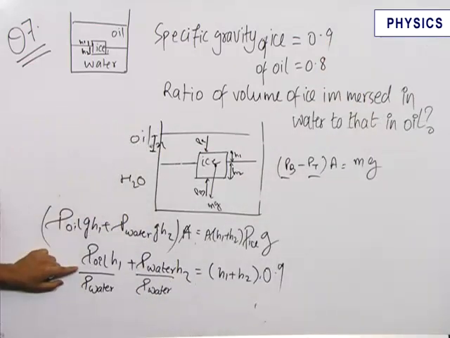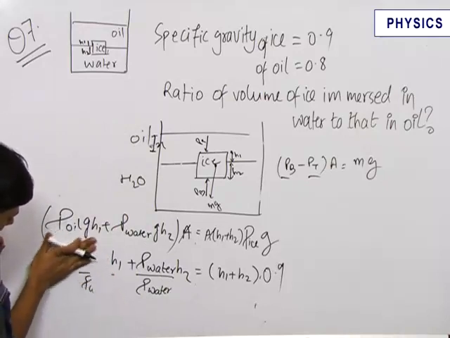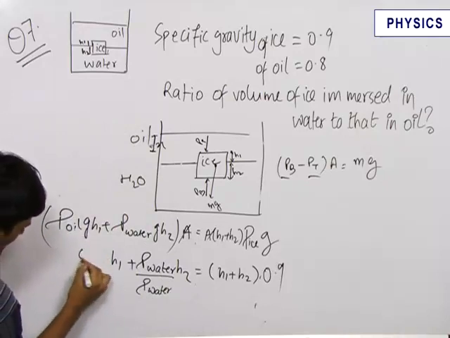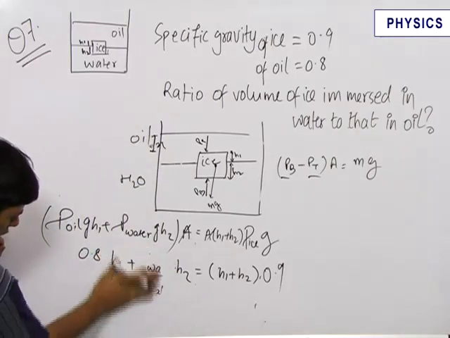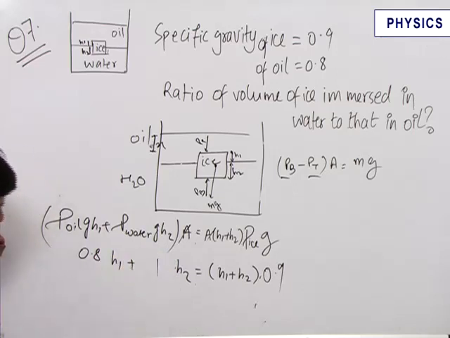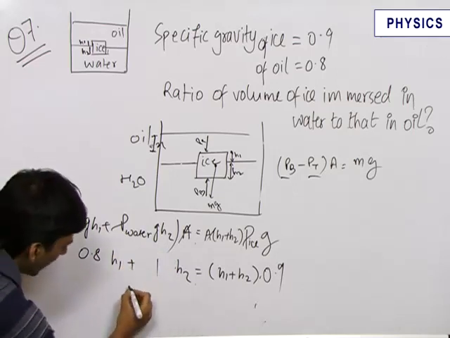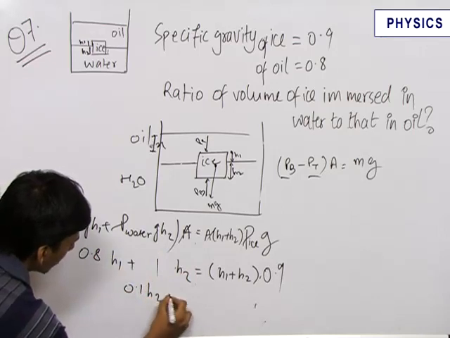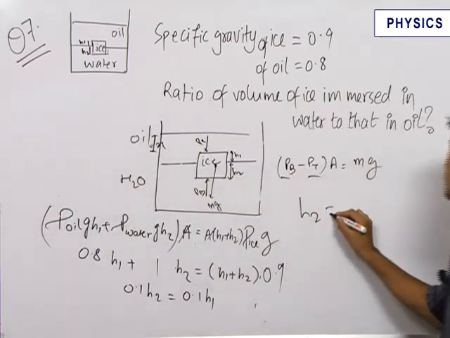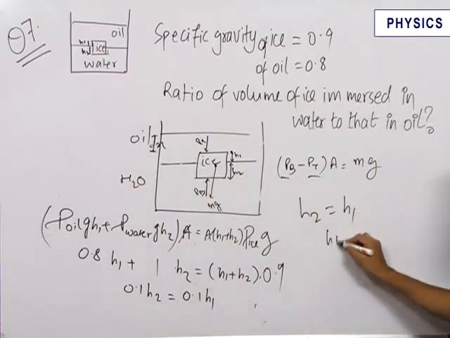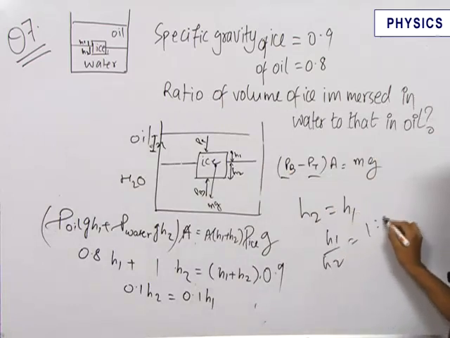Rho of oil upon rho of water is the specific gravity of oil, given to be 0.8, so we write this as 0.8. Rho water upon rho water is 1. On solving this we get 0.1 h2 is equal to 0.1 h1. Therefore h2 is equal to h1, and the ratio h1 upon h2 is equal to 1:1.